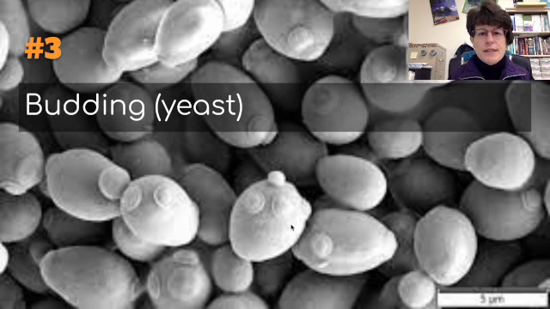What you see here are yeast reproducing asexually, these little dots that are forming on the larger yeast cell. Those are the buds that will develop and break off and grow into a new yeast cell. So yeast bud. And the distinction here is these buds are smaller than the parent cell.